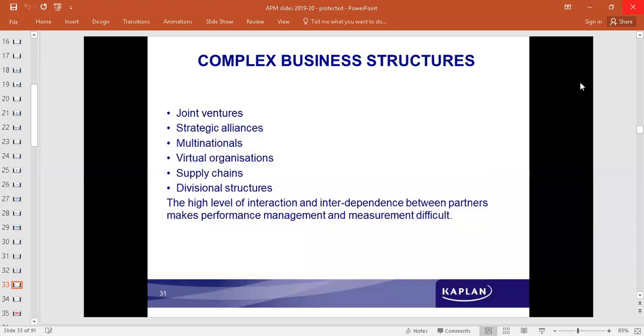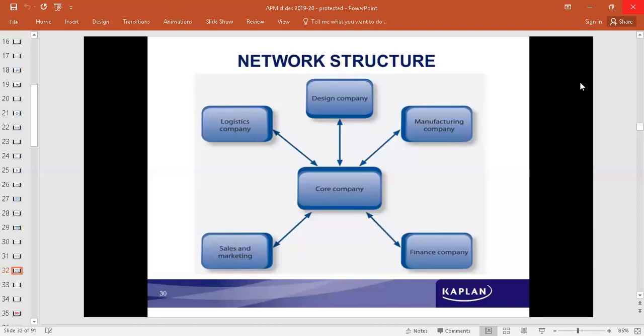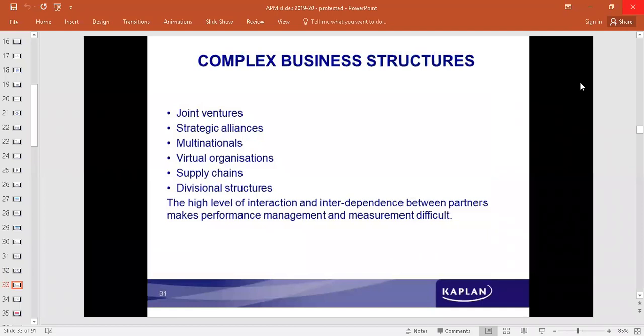So have an idea or knowledge about the different types of companies, and conceptually, what the role of each type of company is. Then understand the complex business structures. We've learned one broad classification of business structures: functional organizations and divisional organizations.